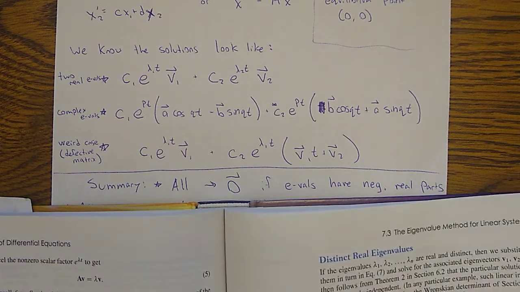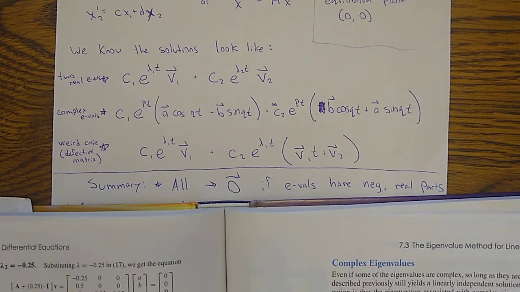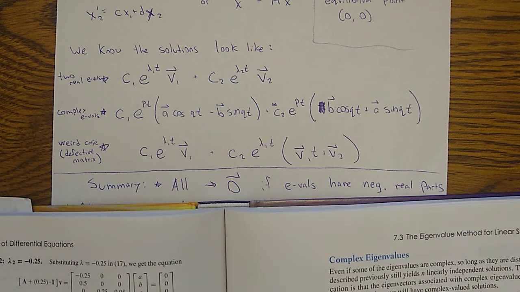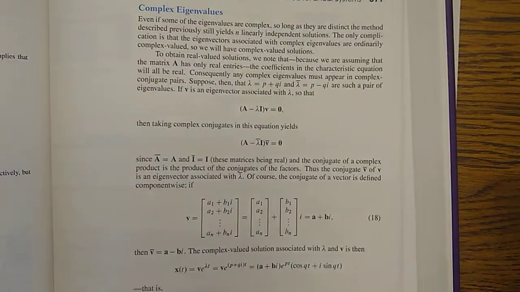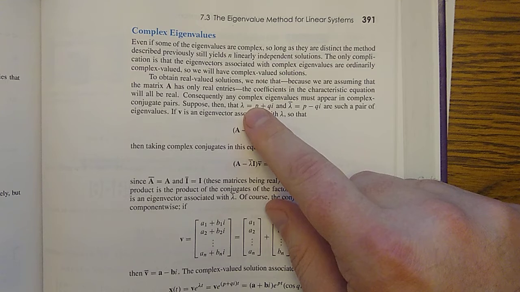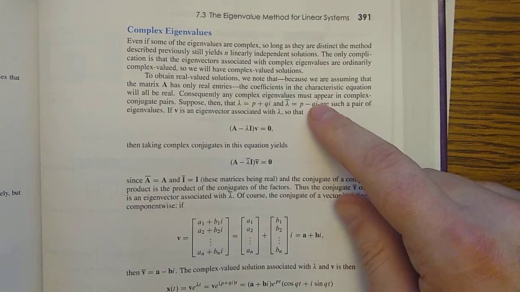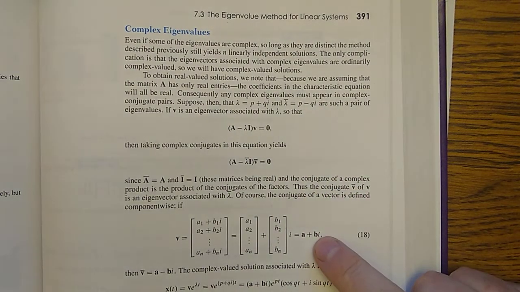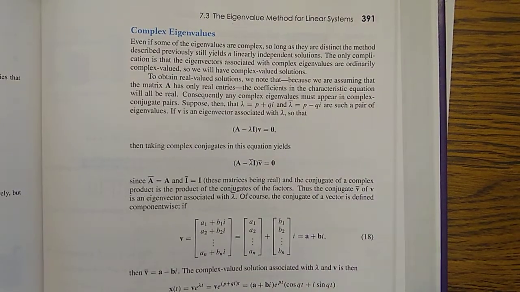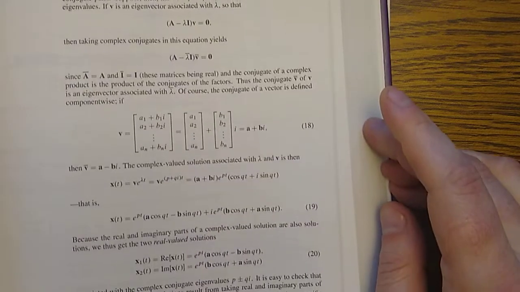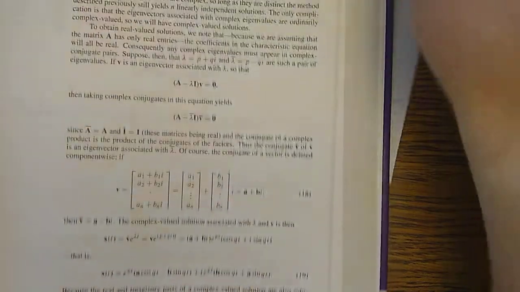This is the case where you have complex conjugate eigenvalues like p plus qi and p minus qi. And you have complex conjugate eigenvectors, a plus bi and a minus bi. And it was just this formula. That's all I wrote.